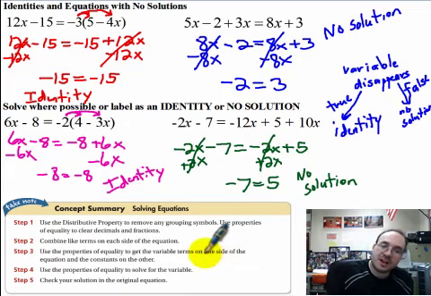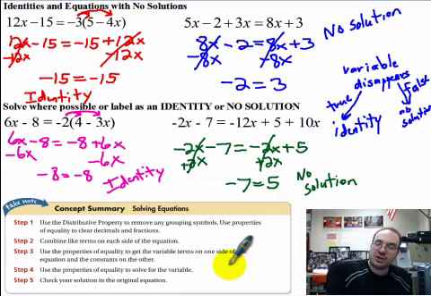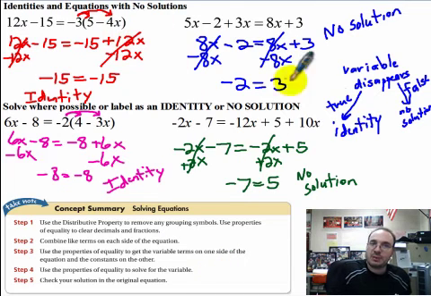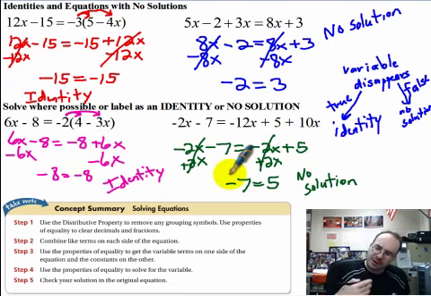That's what step 3 is saying. Then step 4, we want to solve the equation by adding, subtracting, multiplying, dividing. And then we need to check our solution. I didn't have to check these because I found out that they were either always true or never true. But if you actually get one solution, you should check it, make sure you did it right. So hopefully you found that helpful, and I will talk to you again soon.